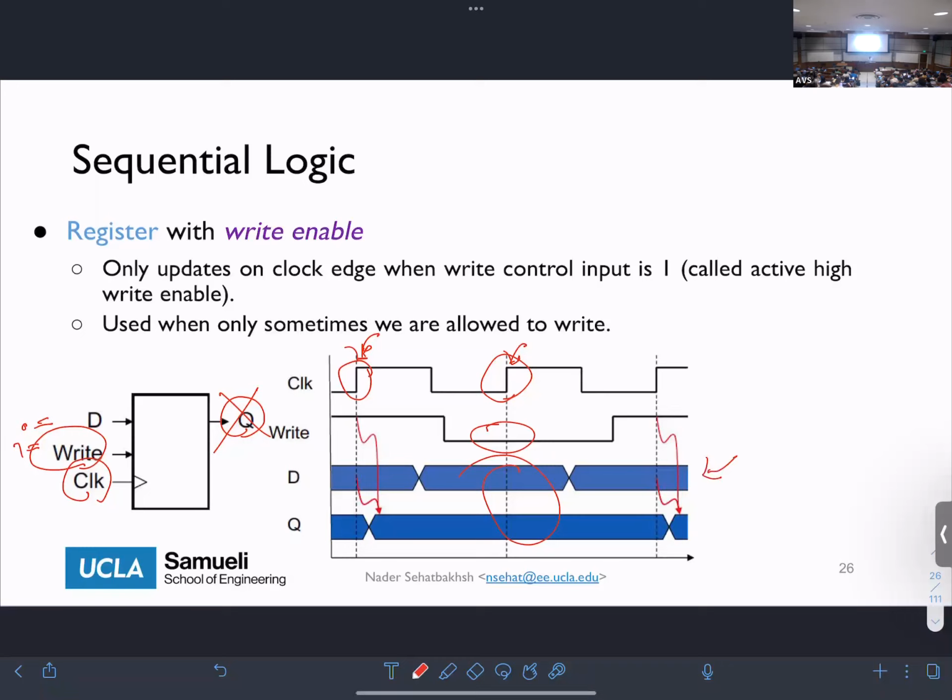So this graphic here, right? The question is, what does this graphic mean for D and Q? What this graphic means is that we're assuming that D or Q might be multiple bits. It's not just one wire. It might be a combination of wires. So that's why we are showing it in this kind of group of colors. And this thing here means that the data has changed.